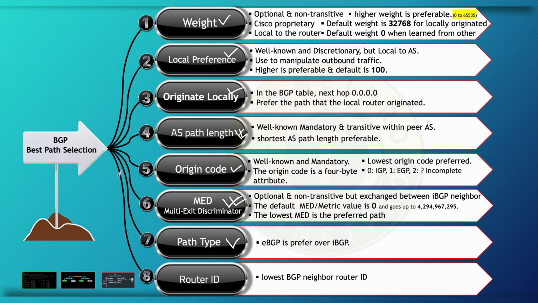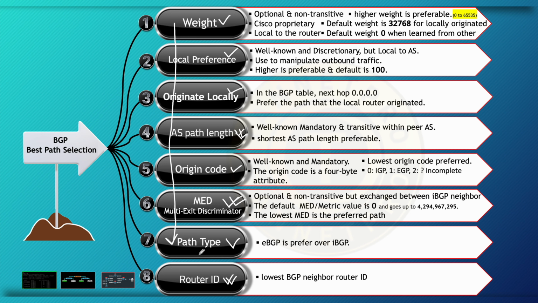So what is left? The eighth attribute is left, that is the router ID. We are checking from the top and going down one by one. Everywhere we face a tie, that's why we go one by one through the attributes to select the best path.